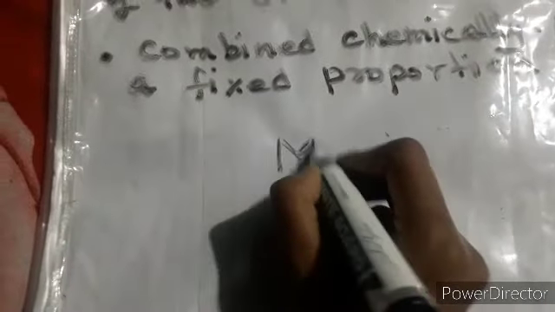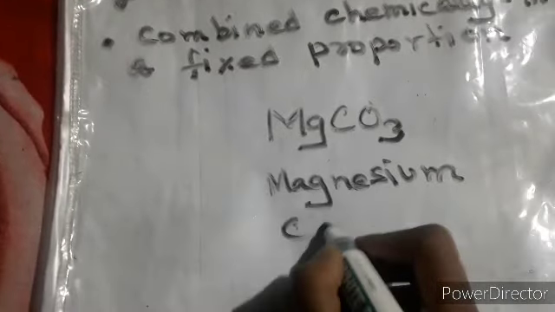Now we have certain important characteristics for compounds also, and we'll see that. But before that, I just want to give you one more example. Let's go for magnesium carbonate. Now over here you can see the different elements. Magnesium is there, you have carbon, you have oxygen also, right?